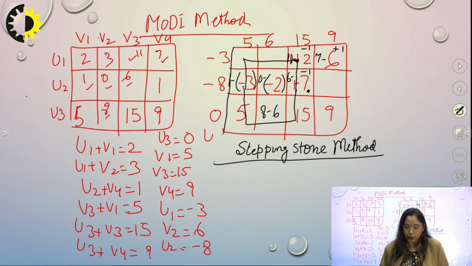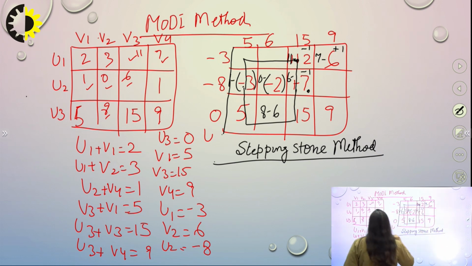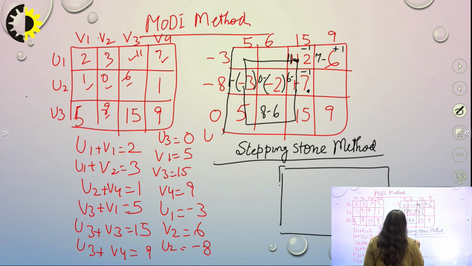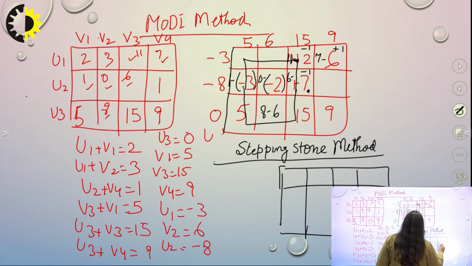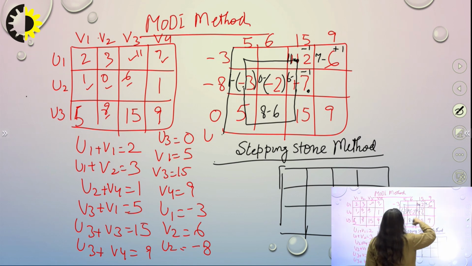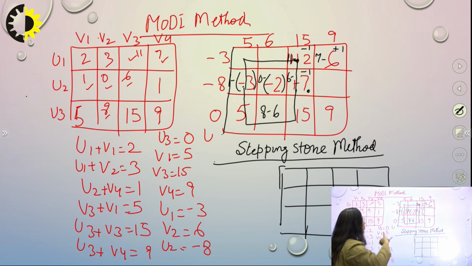So now what will we do? Actually, I will take this equation again. Now this is the loop. So I have to find out the minimum allocation in this loop.